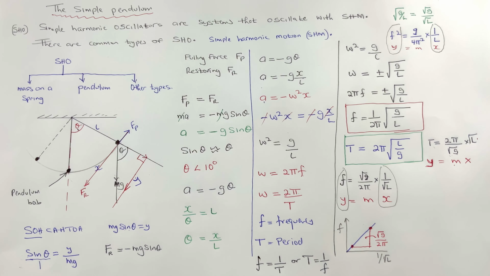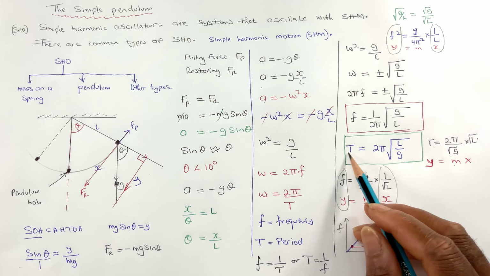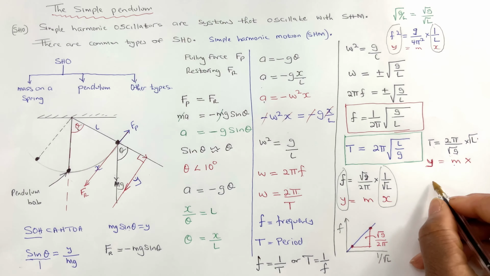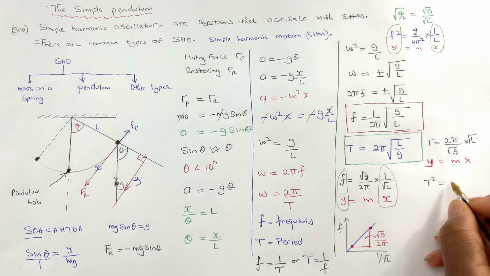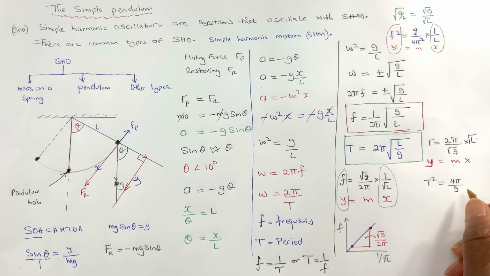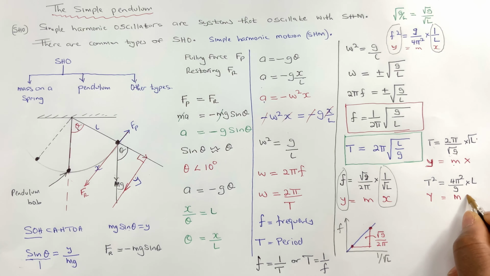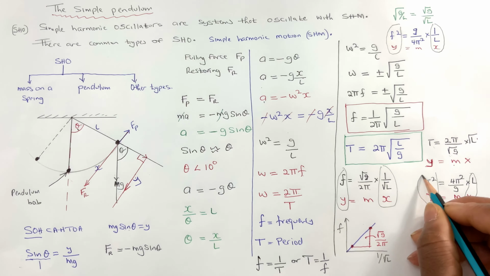Or you might want to square both sides, where you will get T squared equals 4 pi squared over g times L. And again, if you plot y against mx, you're plotting L on the x and T squared on the y.